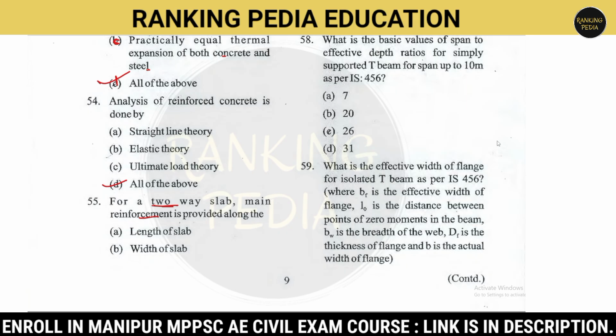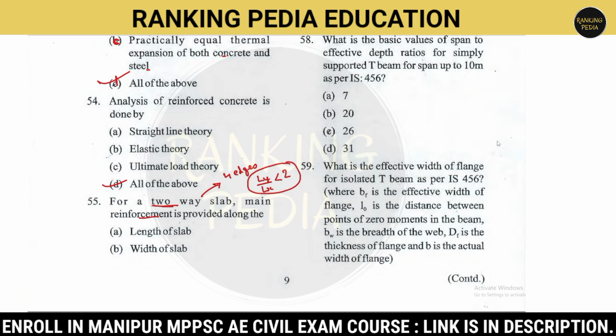So what is actually a two-way slab? A slab is considered a two-way slab when it is supported on all four edges, and the ratio of the longer span, which is your Ly, to the shorter span, that is Lx, is less than 2. That is, Ly by Lx is less than 2.